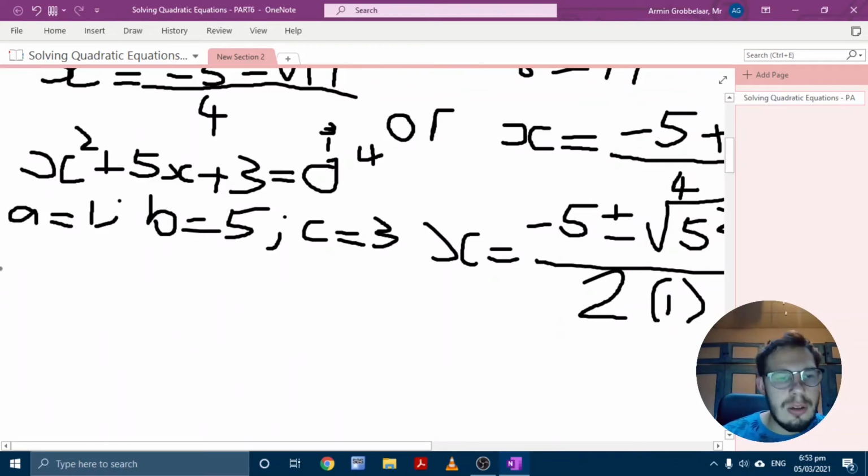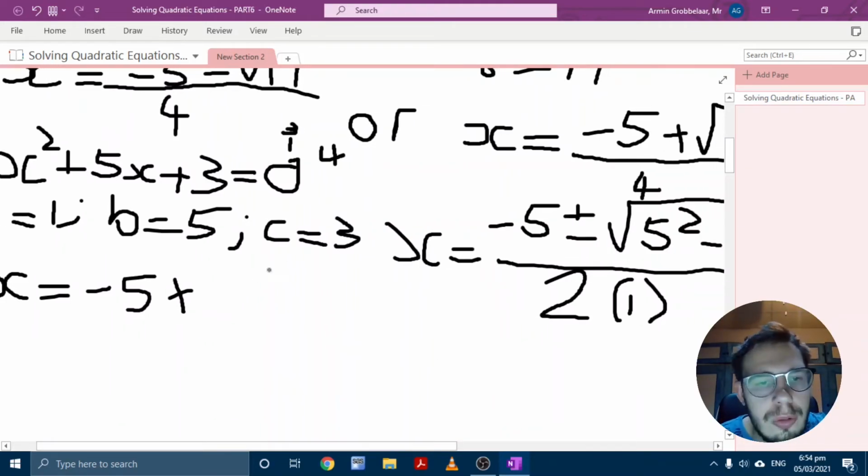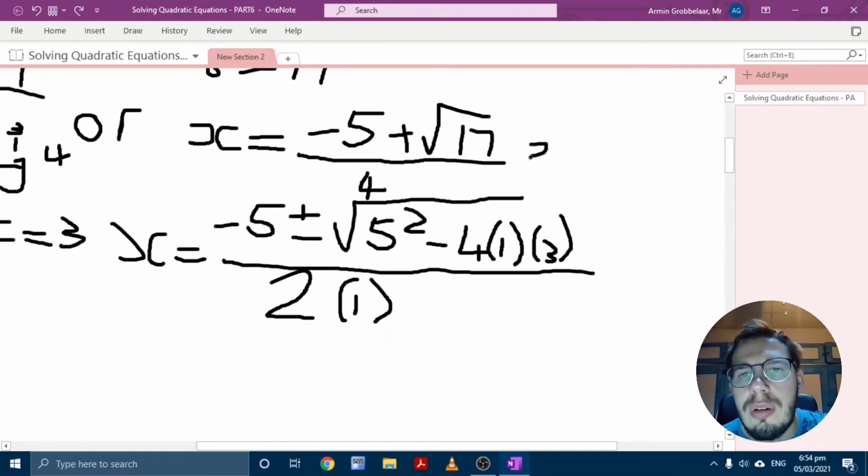So now I can write out my x answers. So I can say x is equal to minus 5 plus, now it doesn't matter if I use the plus or the minus first. Now 5 squared is 25, and minus 4 times 1 times 3 is minus 12.